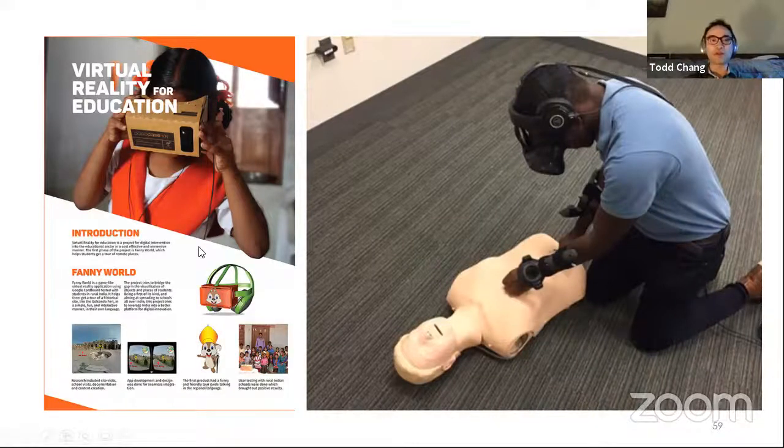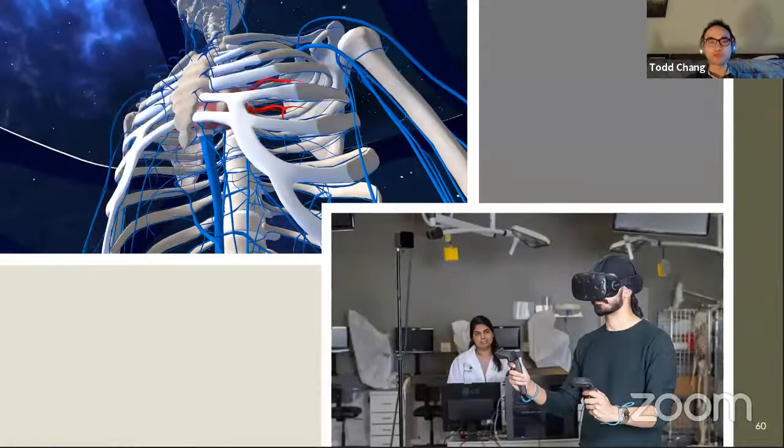And then finally, in the medical schools, what we've seen so far is the ability of VR to do three-dimensional anatomy. Complex anatomy is really difficult to teach, particularly the brain, the heart, the parts where you have to rotate a lot.